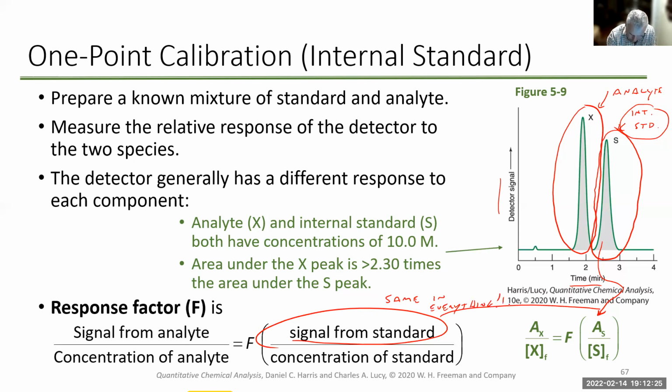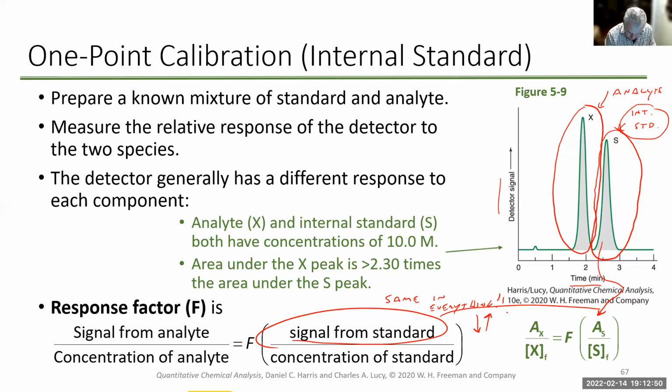So if your instrument fails in some small way, then the internal standard peak will go down. Or if it gets better somehow, then the internal standard peak will go up, right?